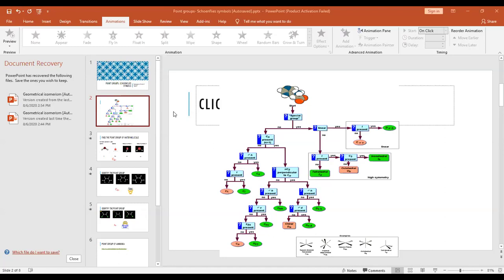From this you can understand that this has point group C3V because it has a C3 axis and no C2 perpendicular to that. Instead, it has N sigma V's. So it belongs to C3V.